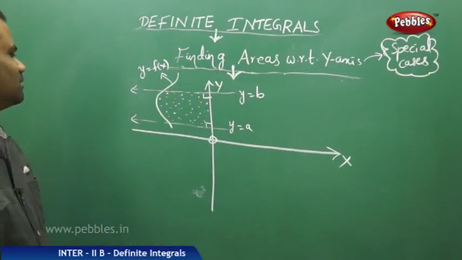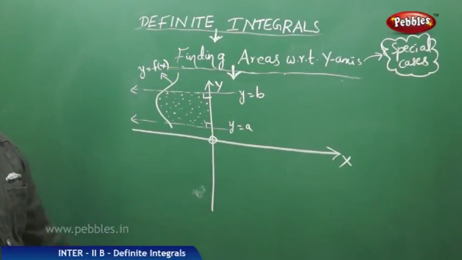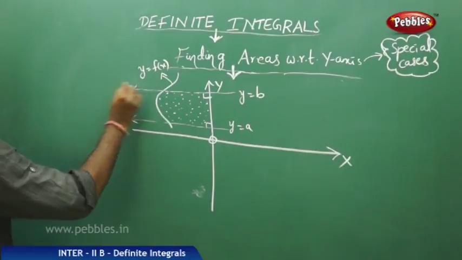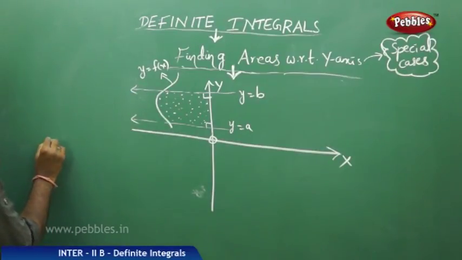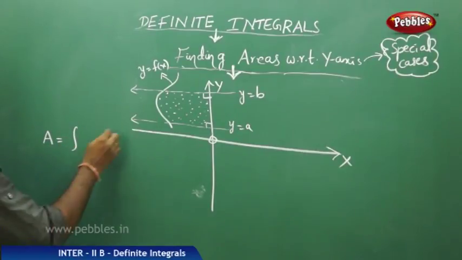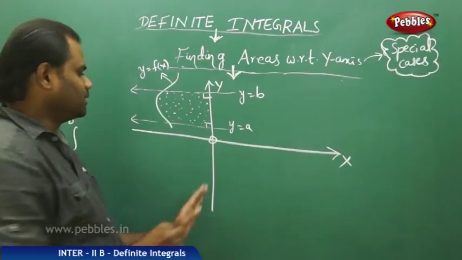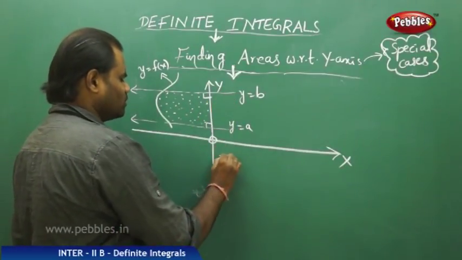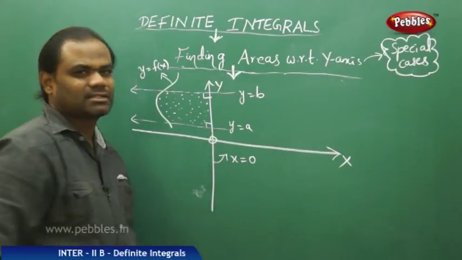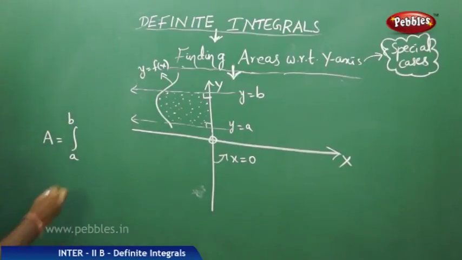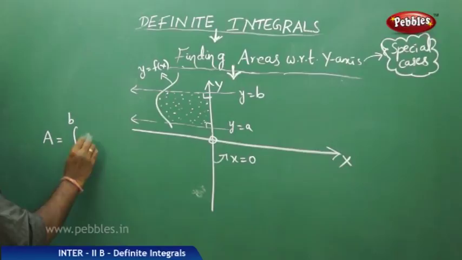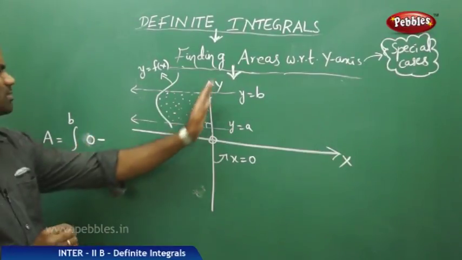Okay. So in this case, to find the area, we have the area as the integral from the lower limit to the upper limit of the upper curve minus the lower curve, dx. Here x equal to 0, so the y-axis acts as the upper curve. The upper curve is 0 because it is on the top.